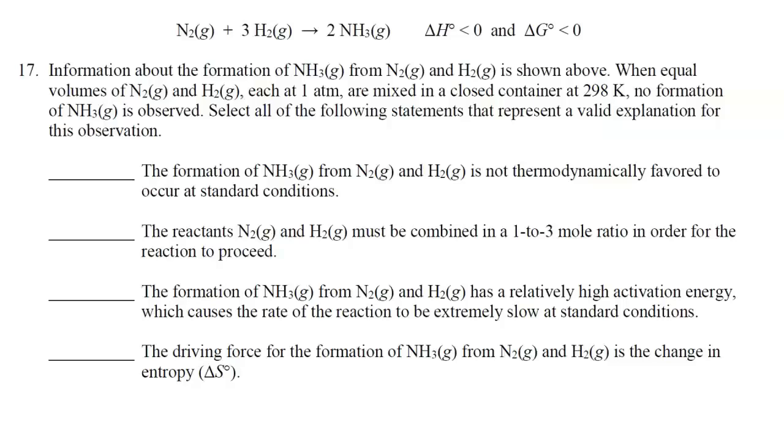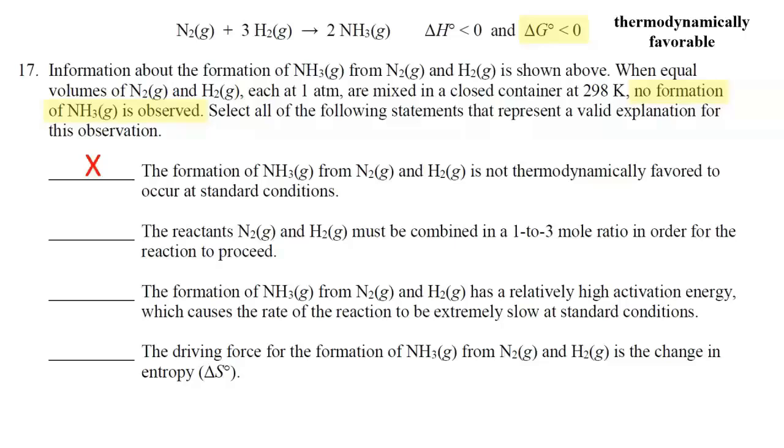Select all of the following statements that represent a valid explanation for why no formation of NH3 is observed under standard conditions. The first statement says, the formation of NH3 from nitrogen and hydrogen is not thermodynamically favored to occur. Well, that's false because we know the delta G is negative, so it is favorable.